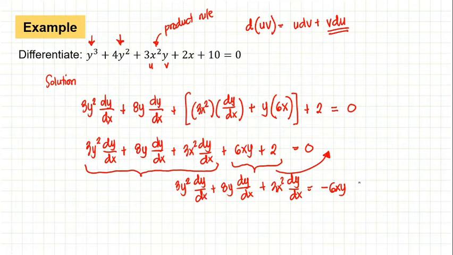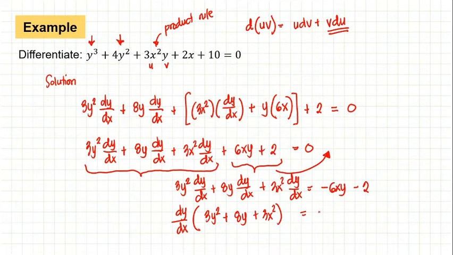Then from positive 2, magiging negative 2 siya. Okay? Then after that, you can factor out dy over dx here. So we have dy over dx times, so yung matitira will be 3y squared plus 8y plus 3x squared equal to negative 6xy minus 2.